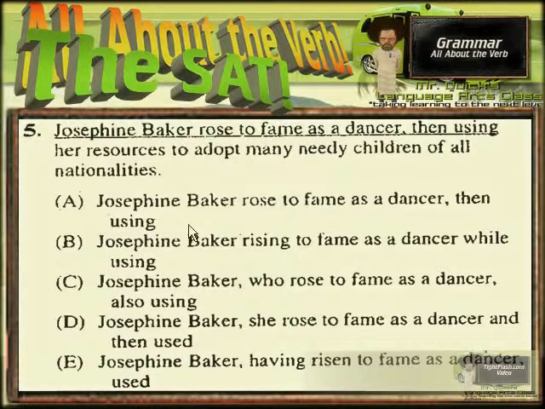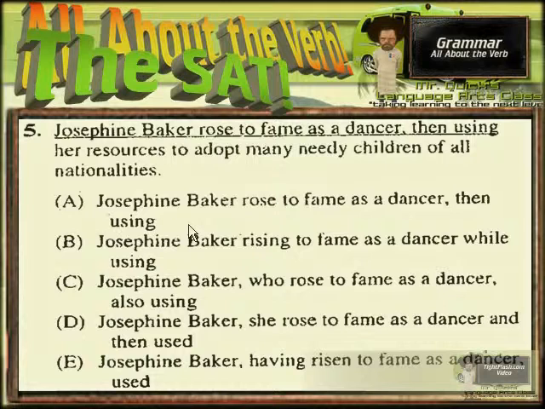D, Josephine Baker, she rose to fame as a dancer and then used. So we're saying now Josephine Baker is like an introductory phrase. Let's hold that and see maybe. Let's look at E. Josephine Baker, having risen to fame as a dancer, used. So now we're actually switching the gerund around, putting it in another place.